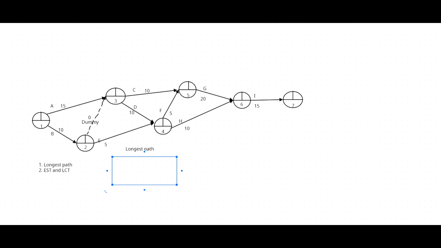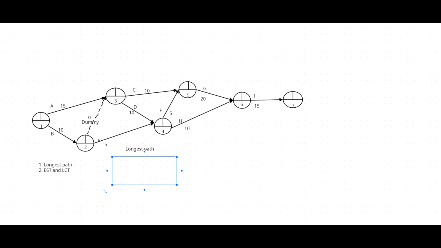Another path is B, then dummy, then D, F, G, I. B10, dummy 0, D10, 20, F5, 25, G20, 45, I15, 60.